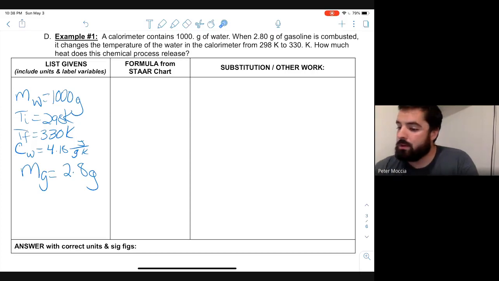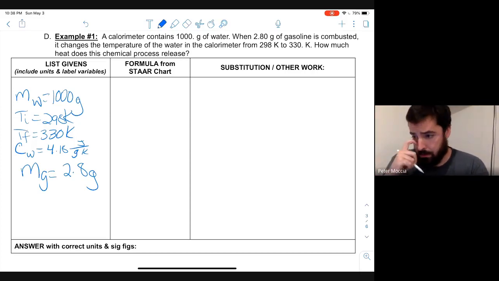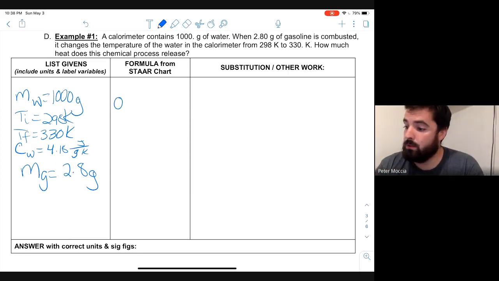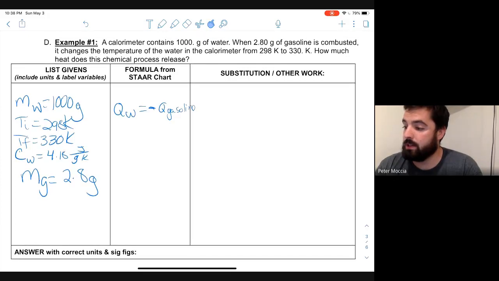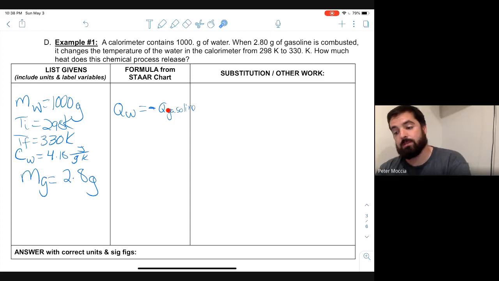So then you're going to say, okay, the Q water is equal to the negative Q of the gasoline. So the heat that the water gains is equal to the negative of the heat that the gasoline loses.